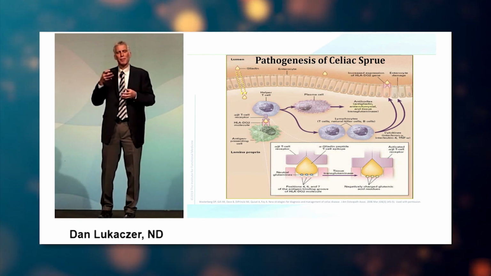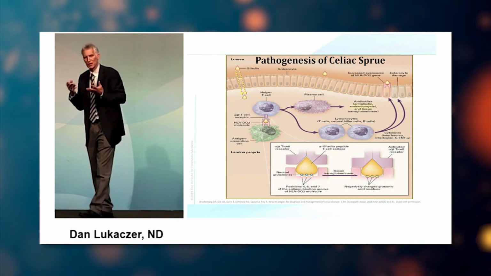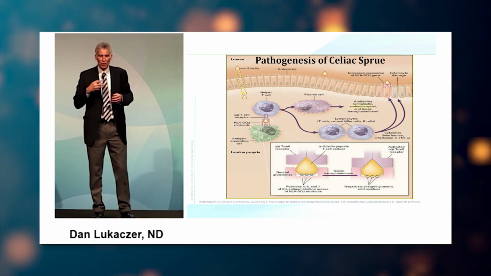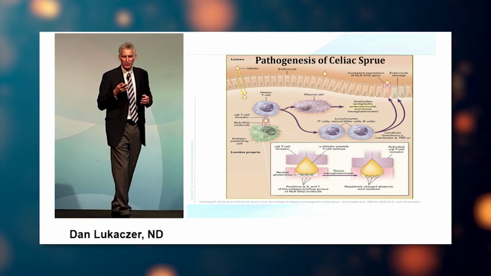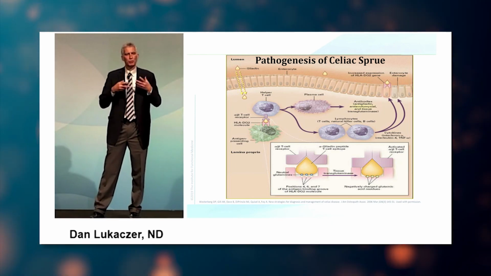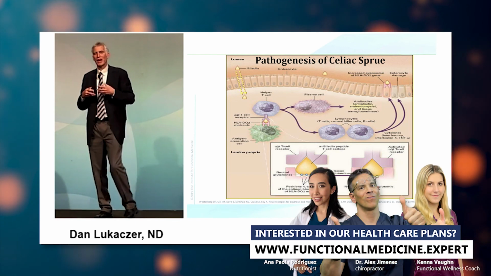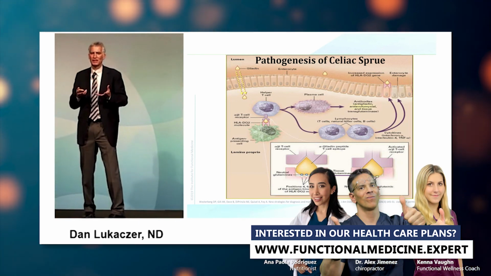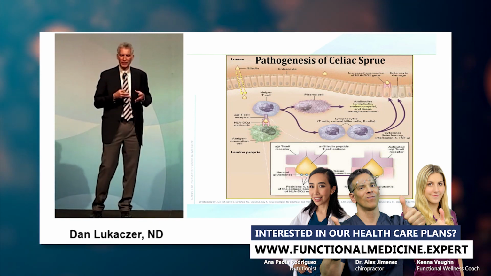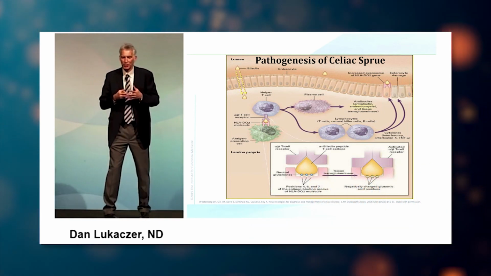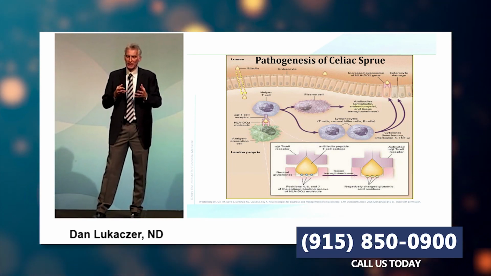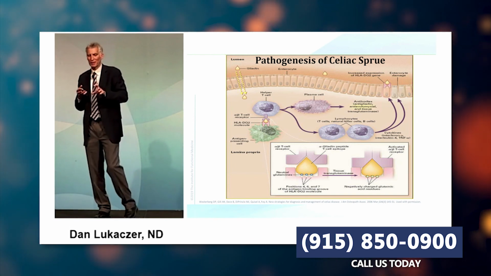Our understanding of the pathogenesis of celiac disease has improved dramatically over the past 30 years. With this improved understanding, it's clear that we don't just have improved detection techniques, but we actually have an increased incidence of celiac disease over the years, and I'll show you a chart in a moment. So better detection is resulting in more people being diagnosed, but more people are also developing the disease.